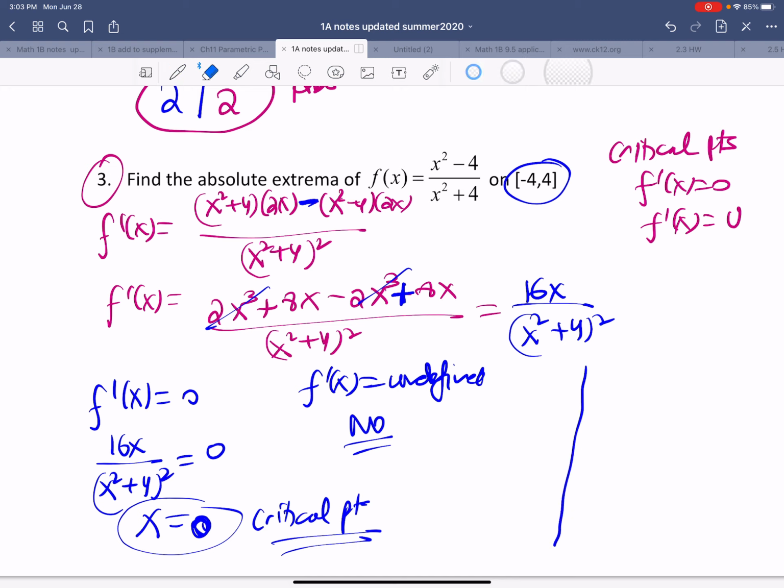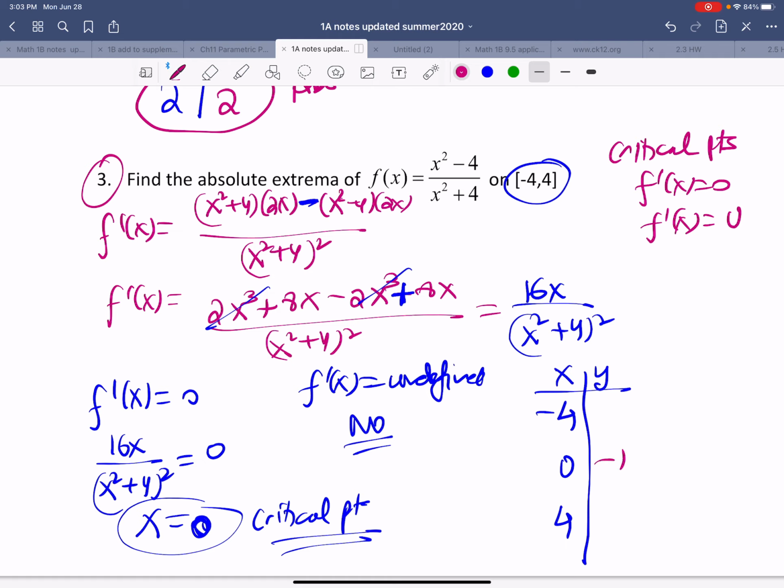So let's go ahead and make a table of the values. With the given x values, we are going to check x equals -4, x equals 0, and x equals +4. So when x is 0, the y value turns out to be 0 minus 4 over 4, which is -1.